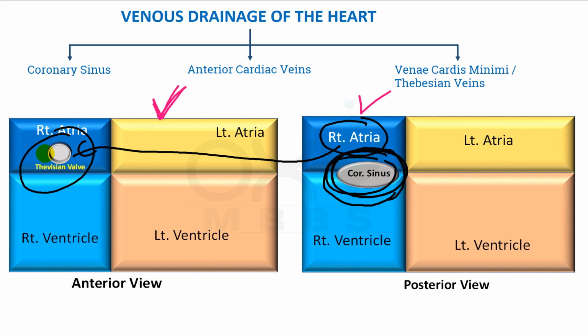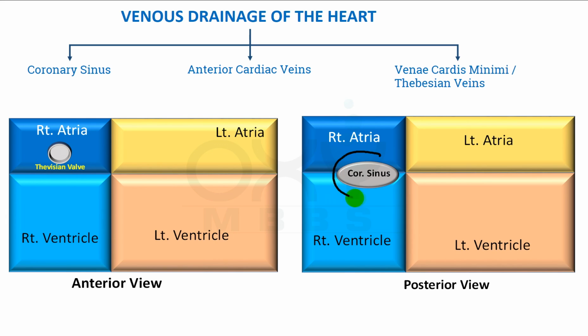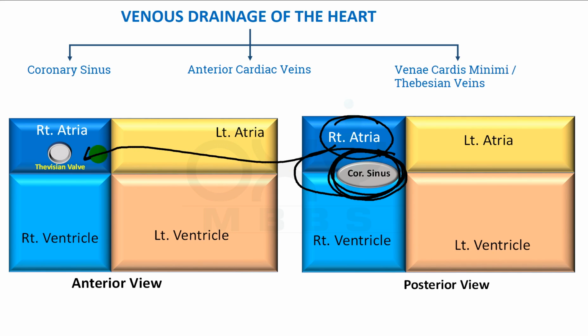So if we remove the anterior wall of the right atrium, then we will see the Thebesian valve. So coronary sinus is present in the right posterior coronary sulcus, and it opens into the right atrium through the Thebesian valve.